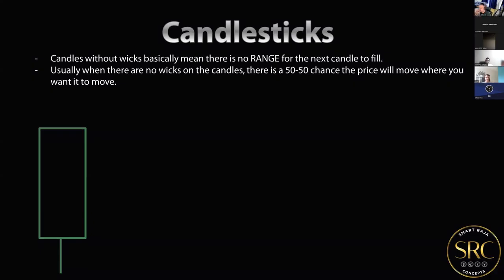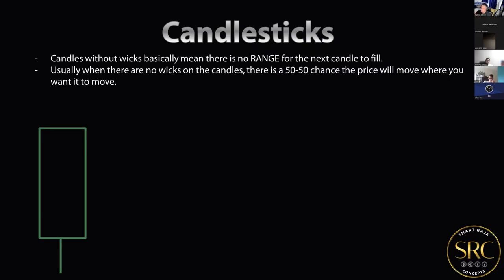Well, not always, because there are certain scenarios where you can bounce the probability in your favor whenever you have a candle with no wick on the top, but that discussion is for some other time. I was meaning to create a webinar on that specific concept. It's a little bit advanced, but we're going to do that some other time, probably next month for Christmas or something like that.